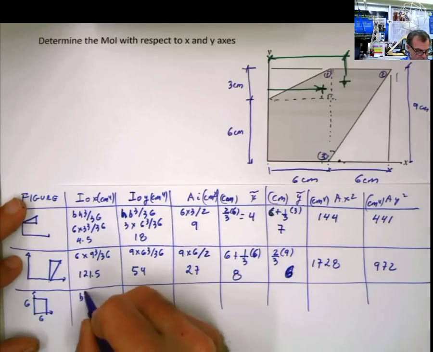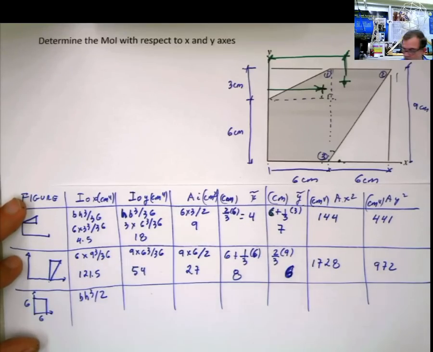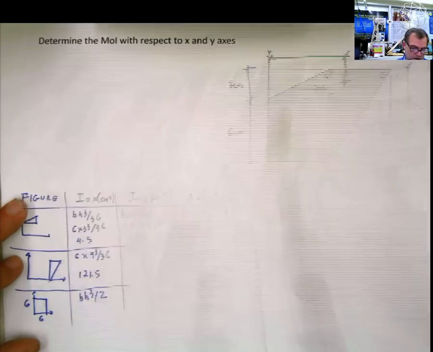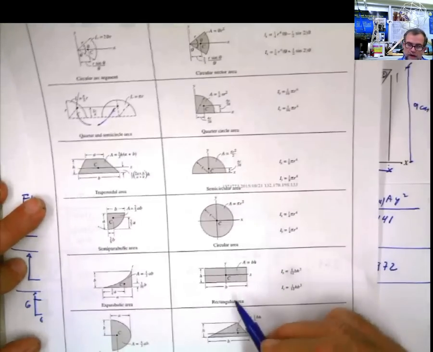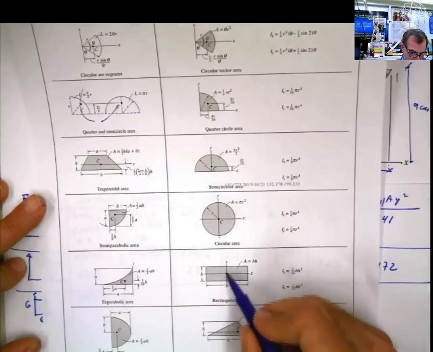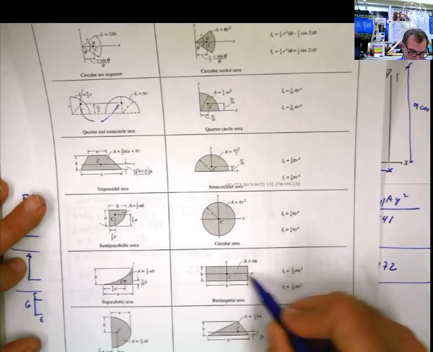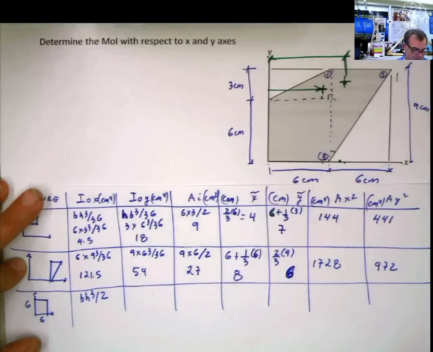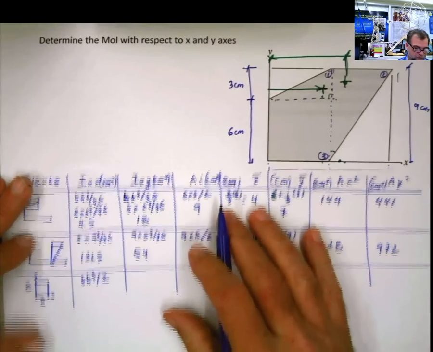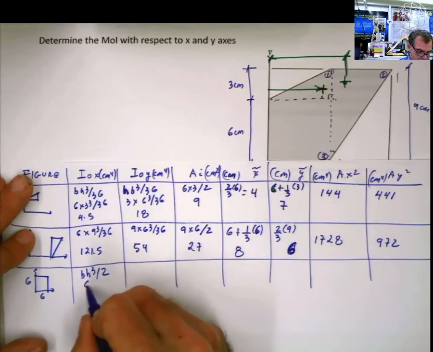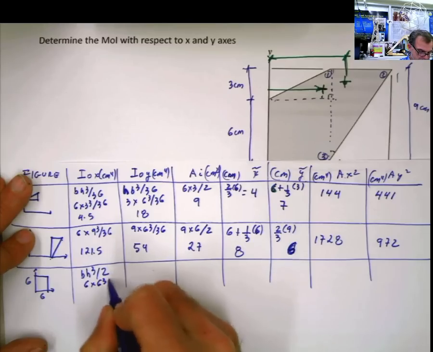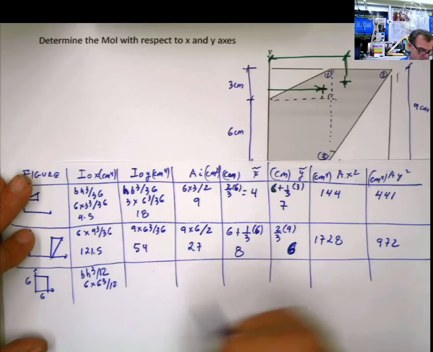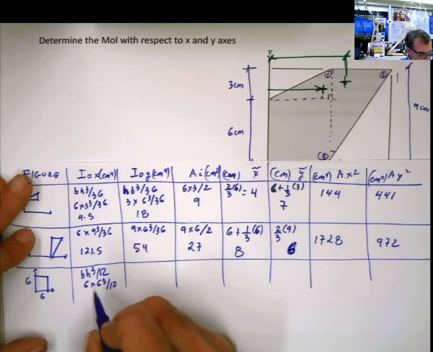BH cubed divided by 12. Why divided by 12? Because that's what we have for a rectangular area, which is this one. Moment of inertia with respect to the centroid xy is 1/12 BH cubed. B is 6 times H is 6 divided by 12, and that's equal to 108.